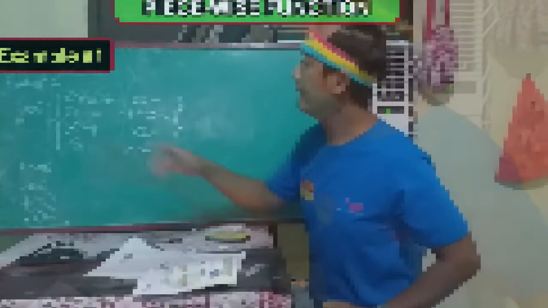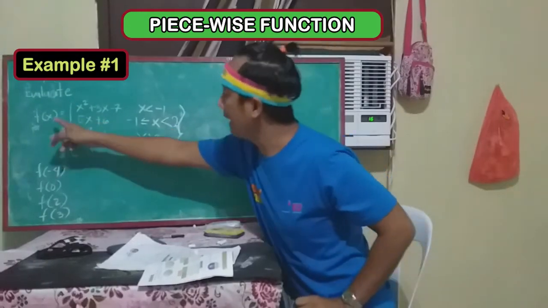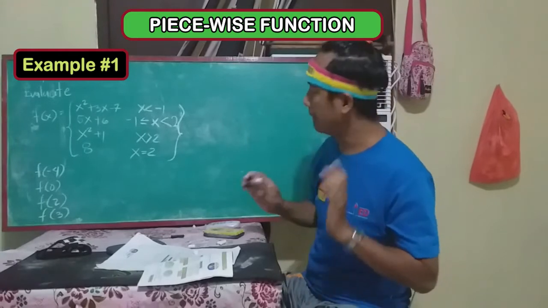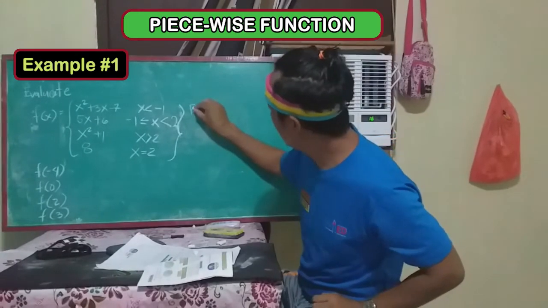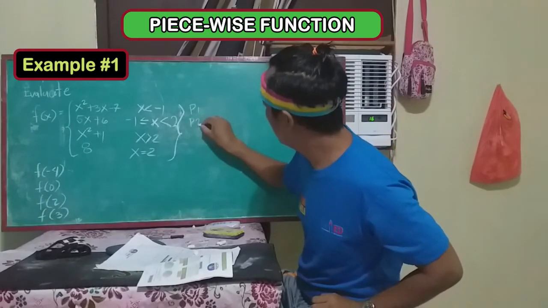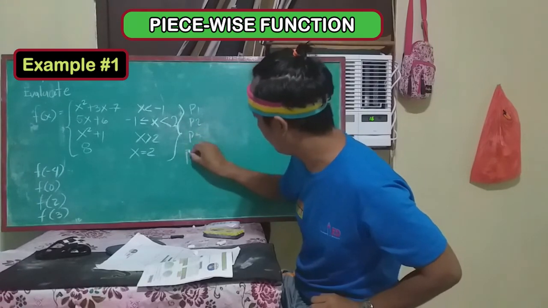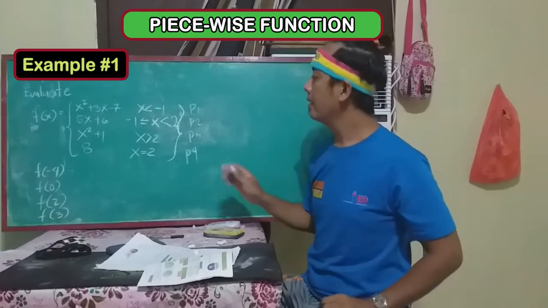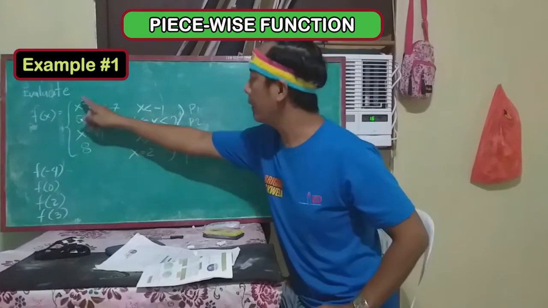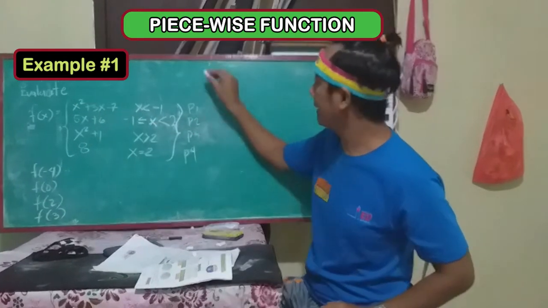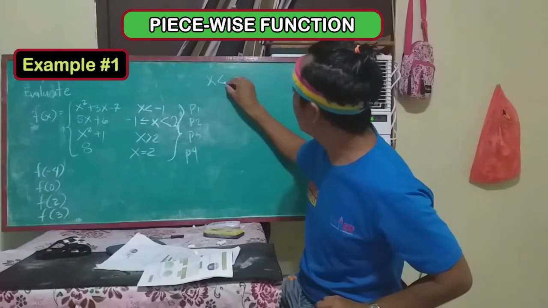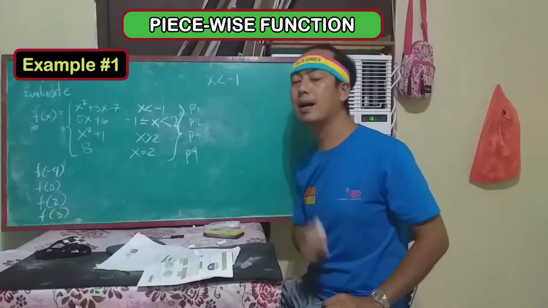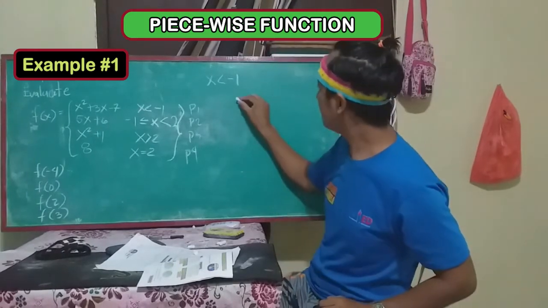So, example number 1, evaluate function of x na divide sa apat na part. Part 1, part 2, part 3, at part 4. Sa part 1, gagamitin natin yung x squared plus 3x minus 7 kapag x is less than negative 1. So ano ba ang mga less than negative 1?